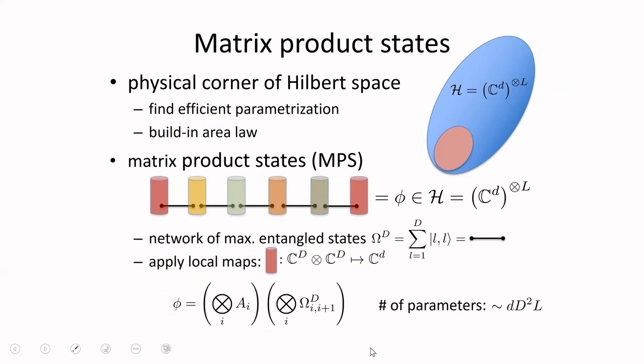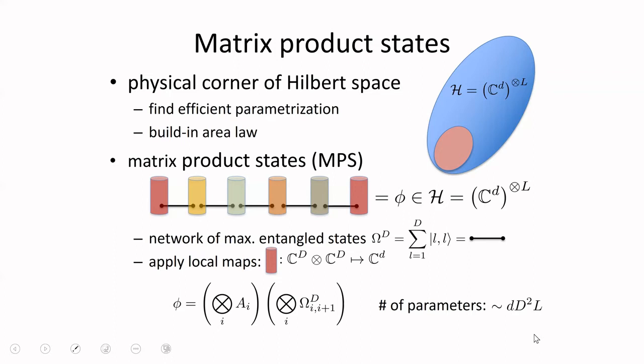So we have our state phi, which arises from applying these local linear maps, A_nu, to this underlying network of maximally entangled states. This we would call a matrix product representation of the state phi with bond dimension D, corresponding to the dimension of the maximally entangled state. And if you make a quick parameter count, we see that this number scales linearly in the system size, by just specifying the local linear maps A at each of the lattice sites.